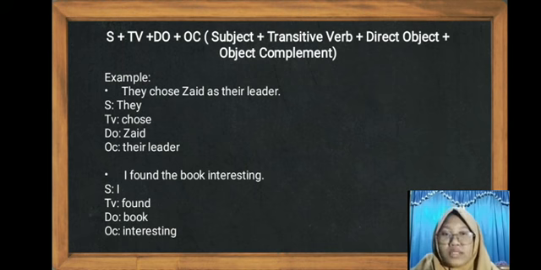Second example, I found the book interesting. I as a subject, found as a transitive verb, book as a direct object, and interesting as an object complement. Generally, object complements are nouns or adjectives that describe the direct object. Object complement here describes the direct object book.